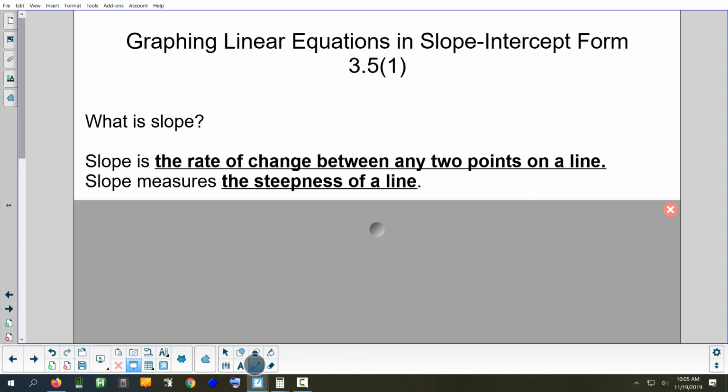Okay. Let's look at two different lines. Let me put 2 dots on each line. 1, 2. 1, 2. Okay. Look at dot 1 and dot 2.